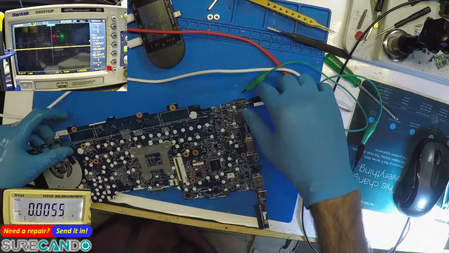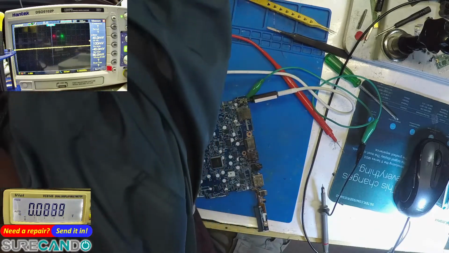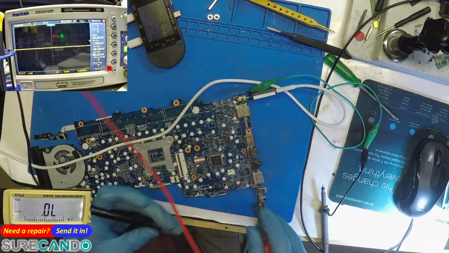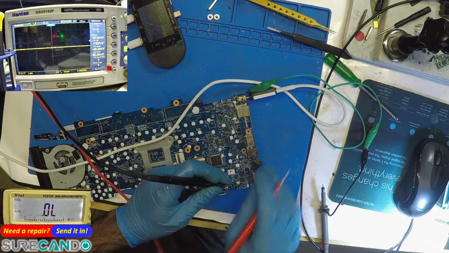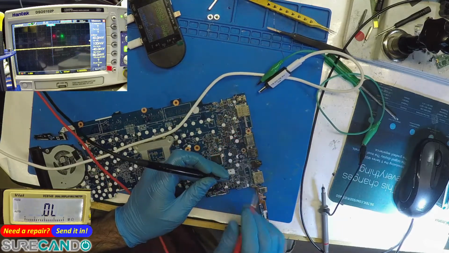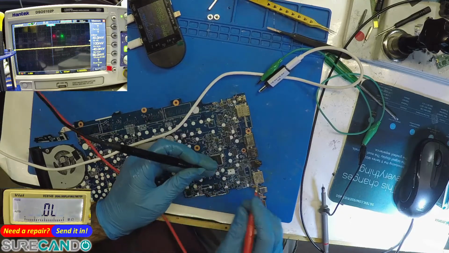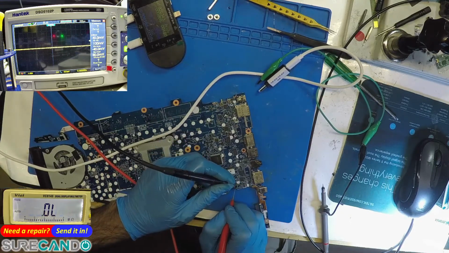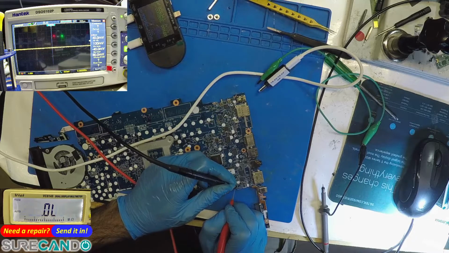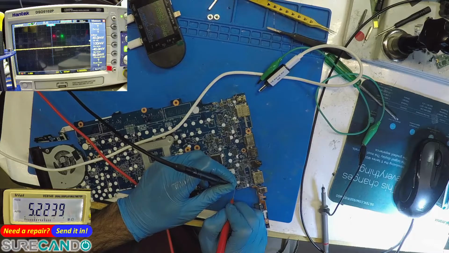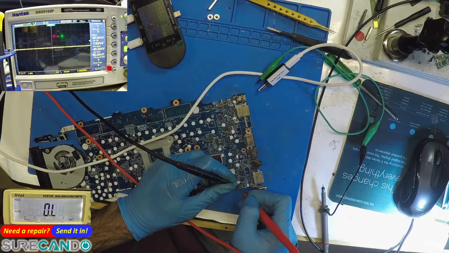Let me check the resistance of that MOSFET I've just measured. Cycle any power. Okay. We're gonna do gate to source. And source to drain.